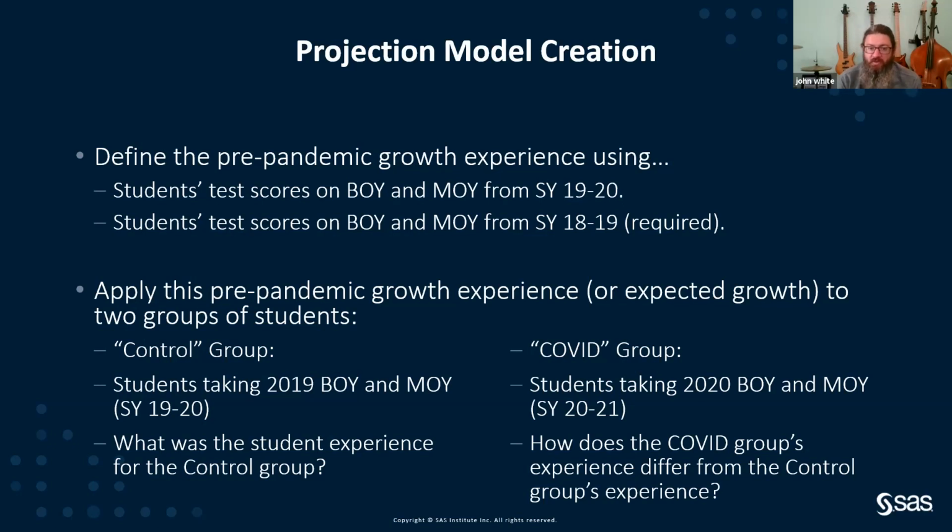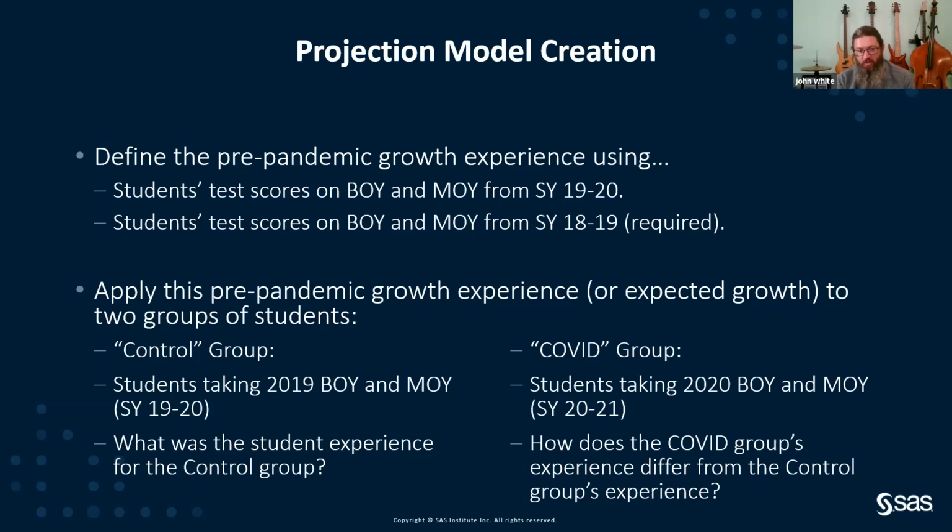We relate those test points, each by themselves, to the students' test scores on the BOY and MOY from the 18-19 school year. So to establish the pre-pandemic relationship, for example, you would take the BOY from 19-20 and relate it to the BOY and MOY of that same student from the 18-19 school year. You do that for all students that took a specific 5th grade math beginning of year assessment in 19-20, relating it to their 4th grade math BOY and MOY assessments from 18-19 to establish these relationships.